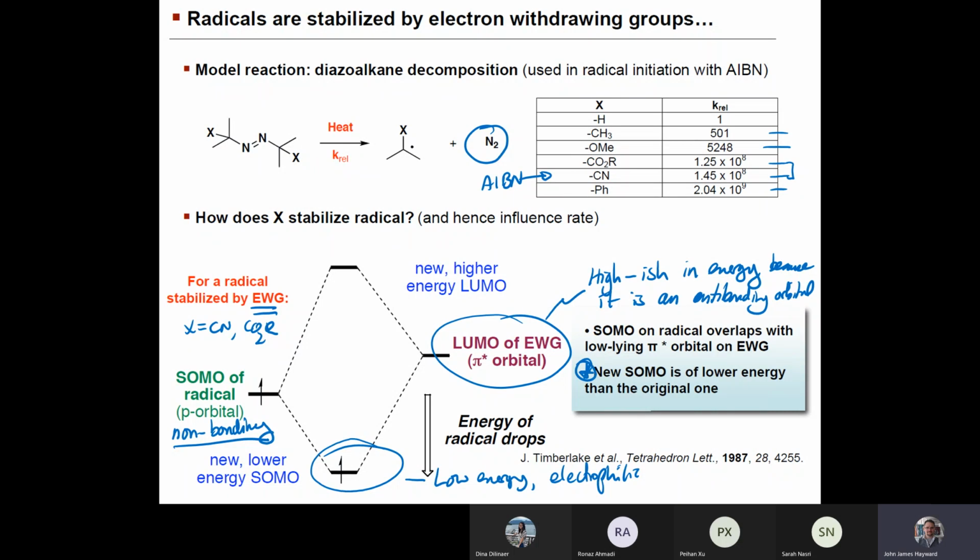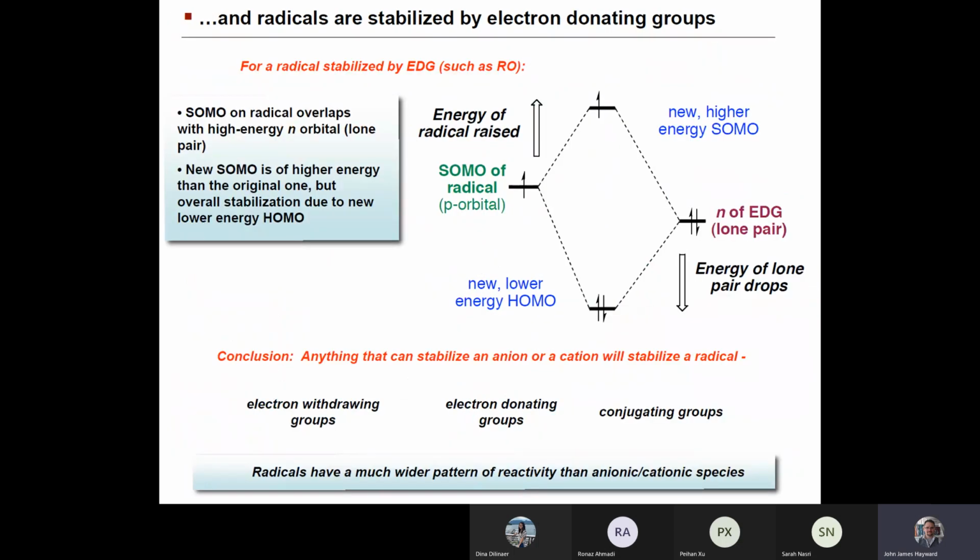So, how about the electron donating one? When it's stabilized by an electron donating group, such as an alkoxy group, say the methoxy, we still have our radical SOMO, and here we have the non-bonding lone pair. The lone pair is on an electronegative atom, nitrogen or oxygen. Oxygen is lower in energy than carbon because it's more electronegative. Simple as that.